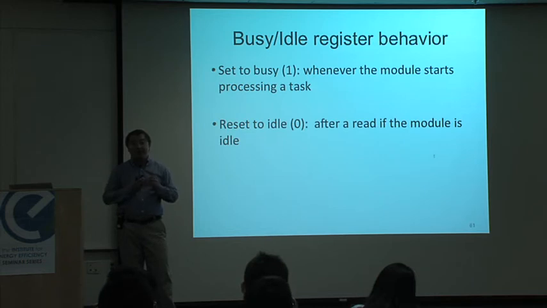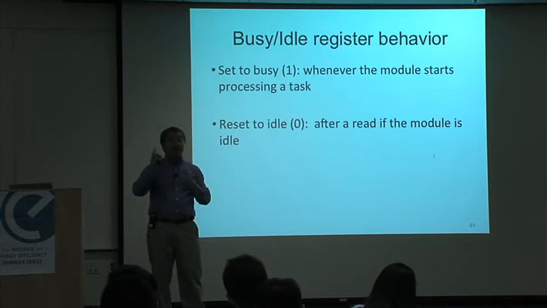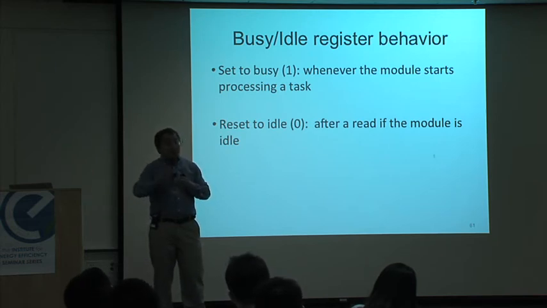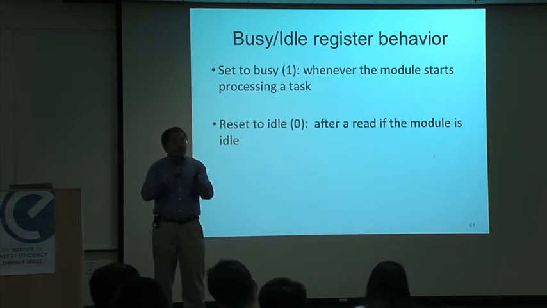Okay, this is important. If this register simply indicated busy or idle, then if the software is periodically polling it, and your polling period is not short enough, you cannot detect the short busy activity in between two polls. So this will be the problem.